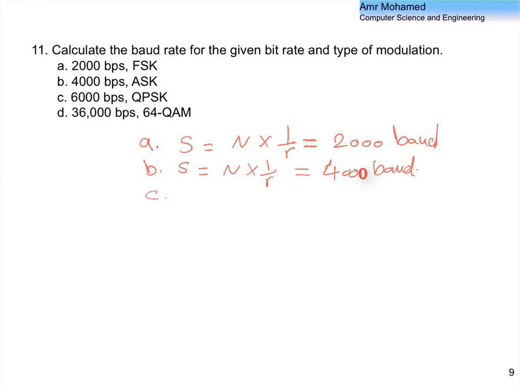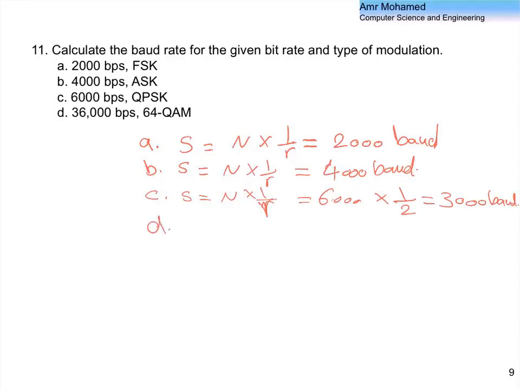For C, S equals N times 1 over r, and r here is for QPSK. For QPSK, each 2 bits are represented by 1 signal element, so r is 2, so that's 6000 times 1 over 2, which is 3000 baud.